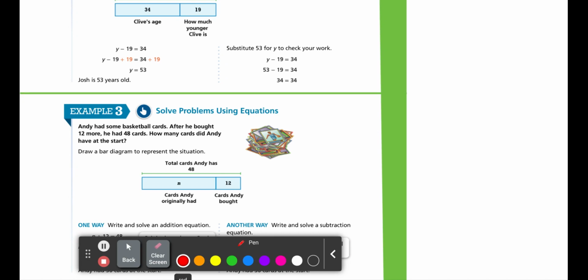So to write an equation, it says Andy had some basketball cards. So that's an unknown amount, N. He bought some more. He bought 12 more. And then he had 48 cards. So one equation to write here would be N plus 12 equals 48.